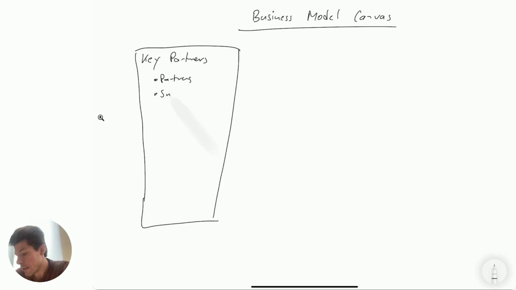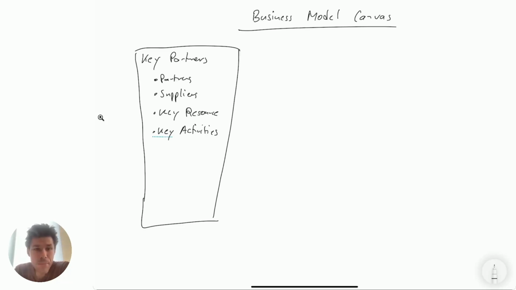Partners, suppliers, key resources. Are we acquiring from partners? Key activities do partners perform? Where do we need partners? Why do we need partners? What are they doing? Motivations. Why do we need partners?